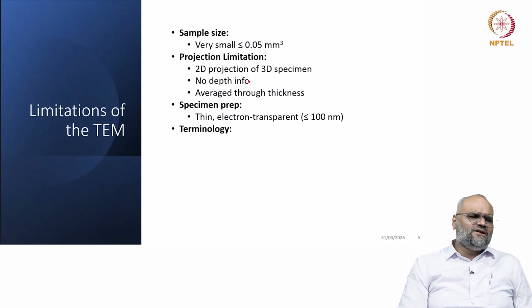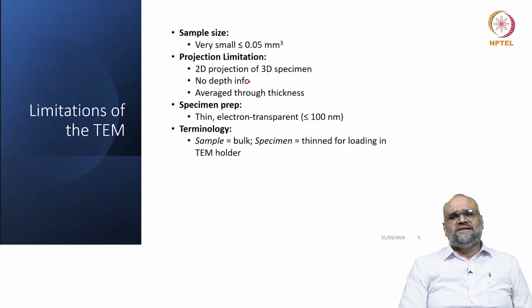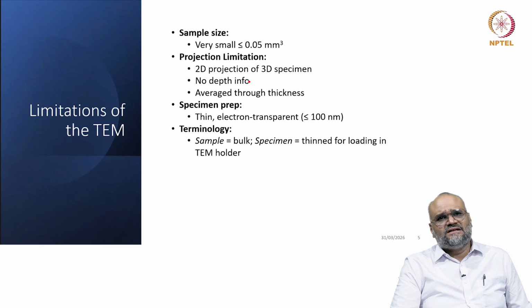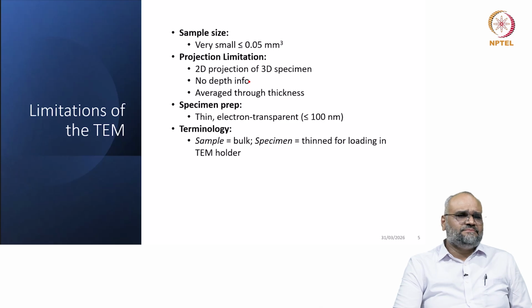The common terminology that you should not confuse is that a sample is typically a bulk sample, and when I say specimen, by using suitable preparation techniques, you thin it down such that it is ready for loading in a TEM holder, and the thickness along the viewing direction is certainly within the electron transparent regime.